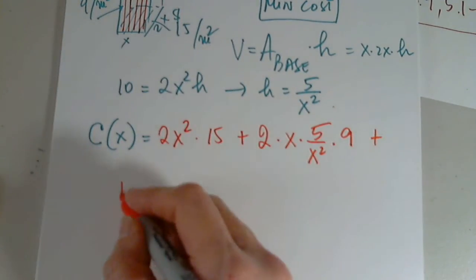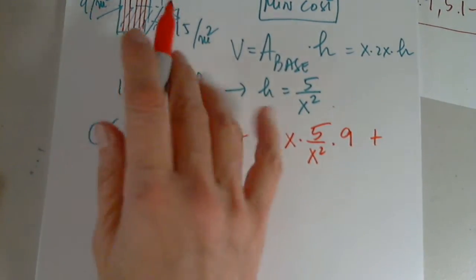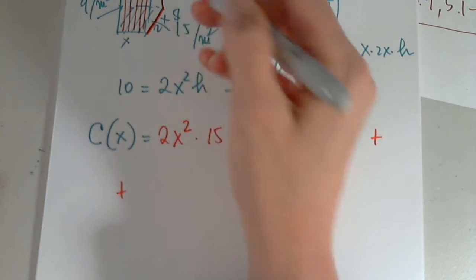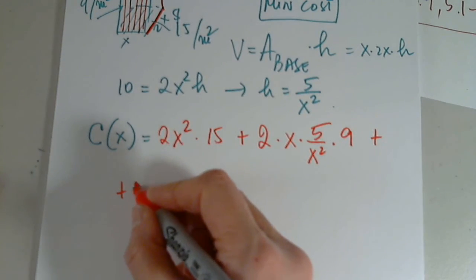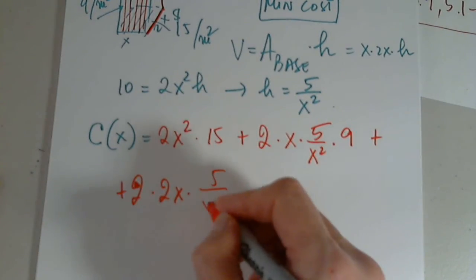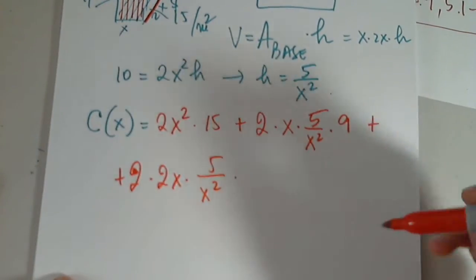But then plus two of those that have a base of 2x and height of h. So 2 times 2x times the height, which is 5 over x squared, and also times 9.